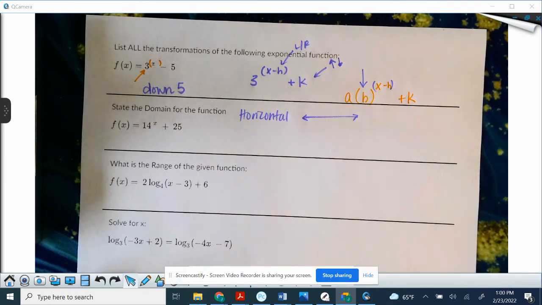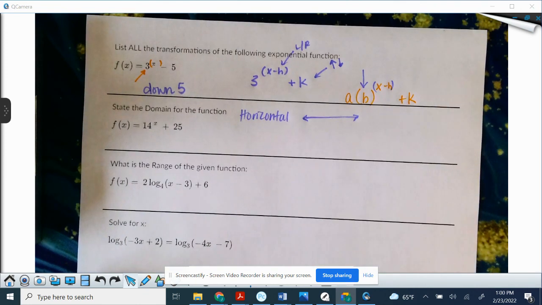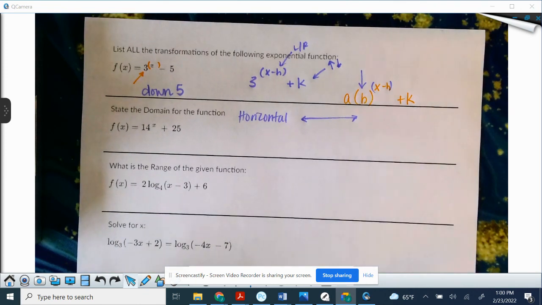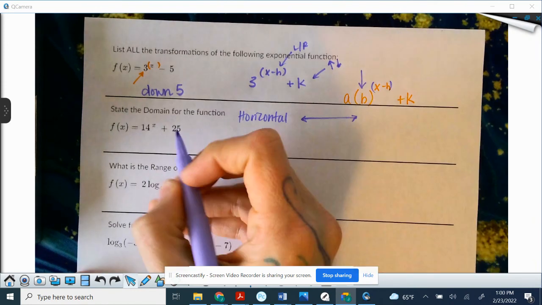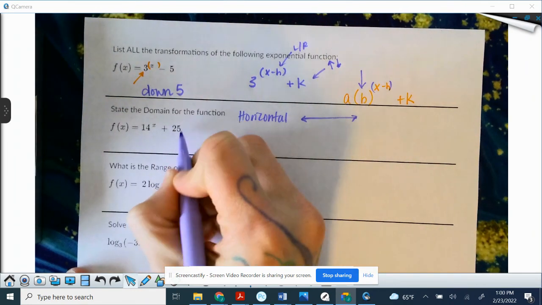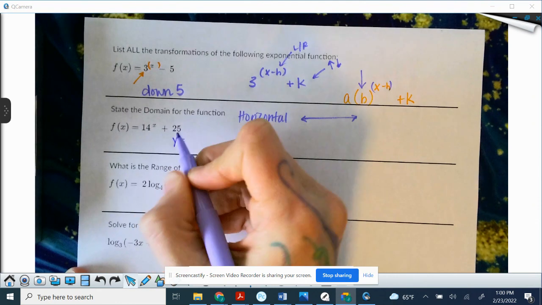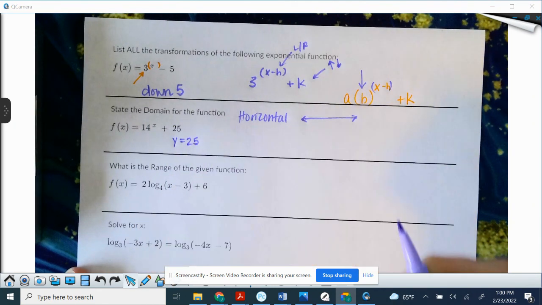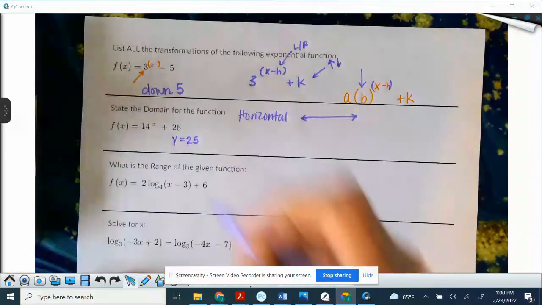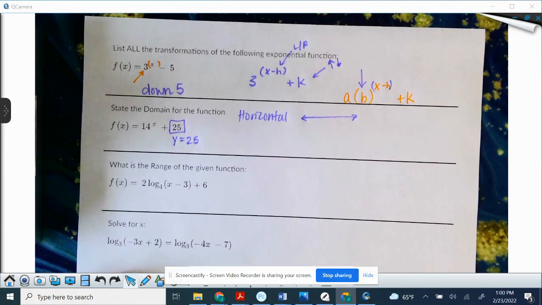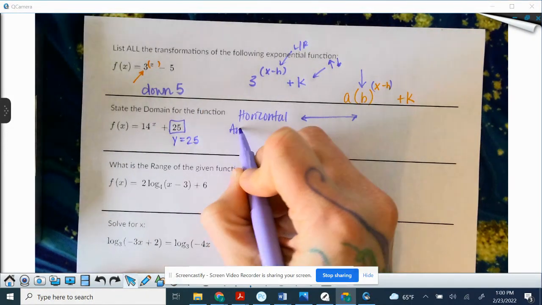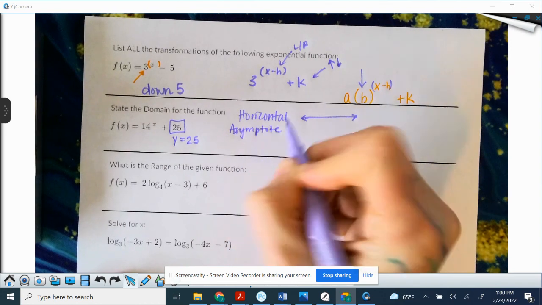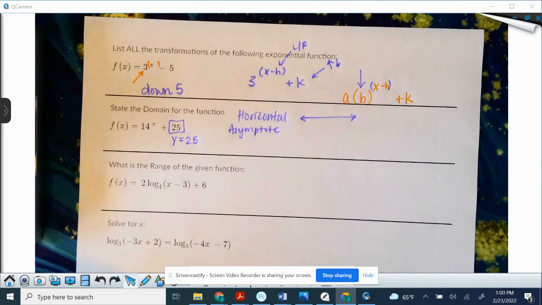Range would change. It can't touch that bottom line, that horizontal line. And the horizontal line is going to be y equals whatever this value is, so 25. So this is always your horizontal asymptote, whatever's hanging out on the end by addition or subtraction.